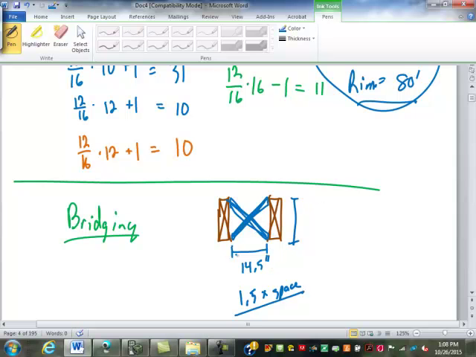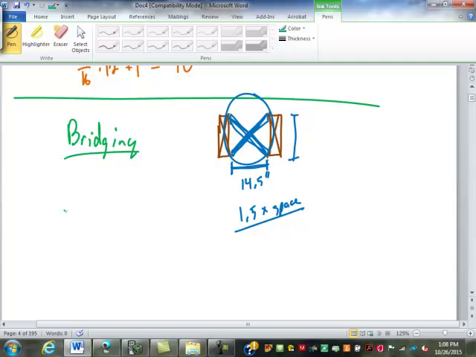So for a 16 inch on center, we'd assume it's going to take 4 feet of bridging to do 1x. The way we calculate this is the amount of bridging is 3 times the length, 3 times L. That is the amount of bridging required.